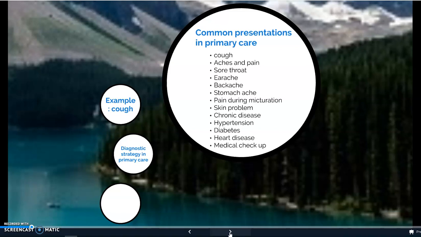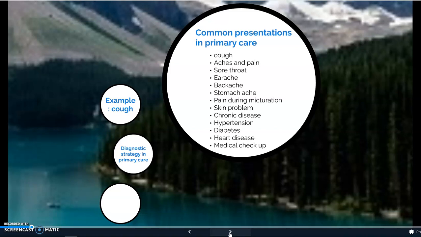In primary care, we don't only see cases with acute presentation, but we are also following up patients with chronic diseases. For example, hypertension, diabetes, heart disease.